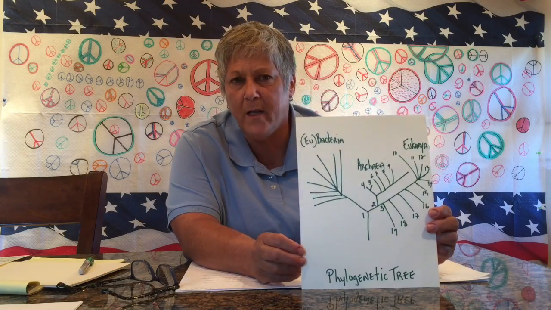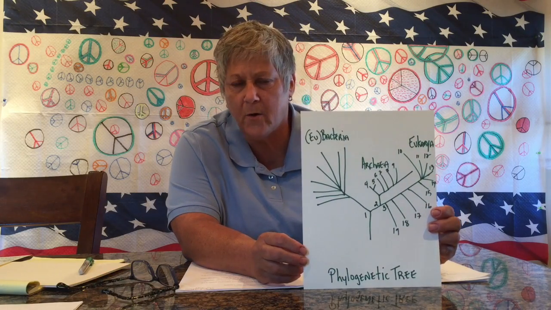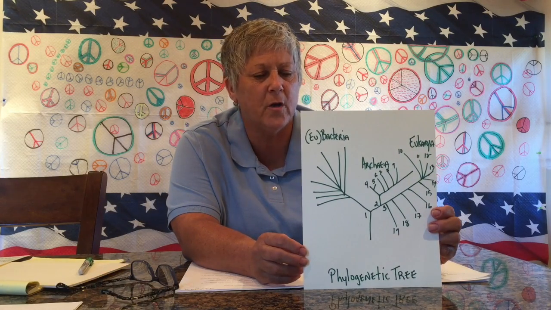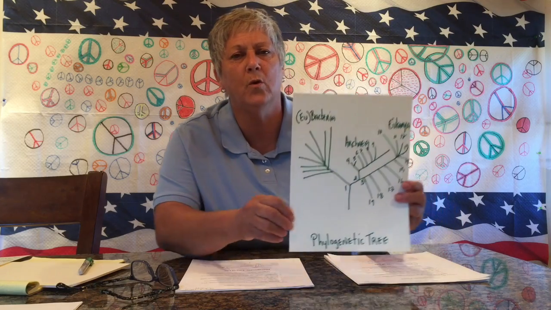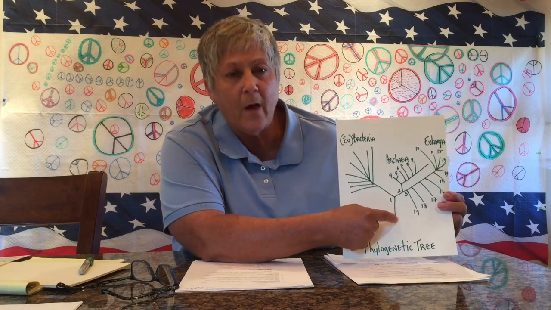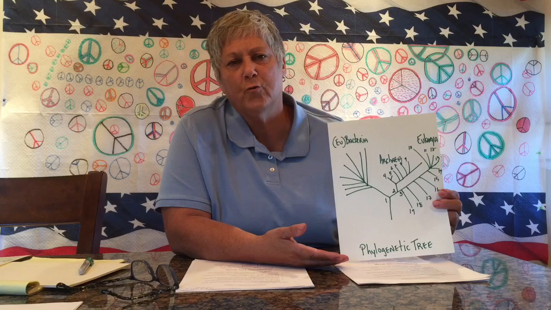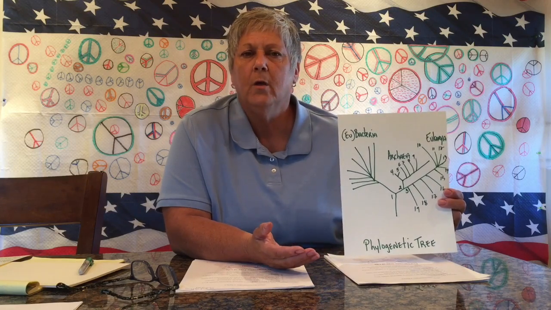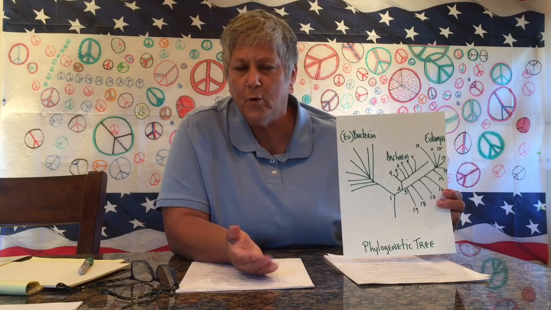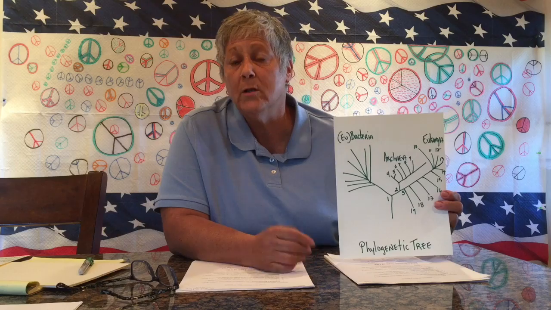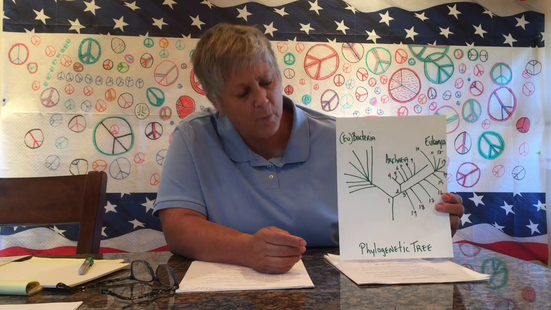Now, I don't expect you to memorize this phylogenetic tree of life, but I do want you to understand how it works. So I've made a very simplified little sketch, not entirely accurate, you guys, just to try to make a point. What we're looking at here is, down here at the bottom of the tree, the first form of life on planet Earth, which we assume was a very simple, even for a bacterium, a very simple bacterium.